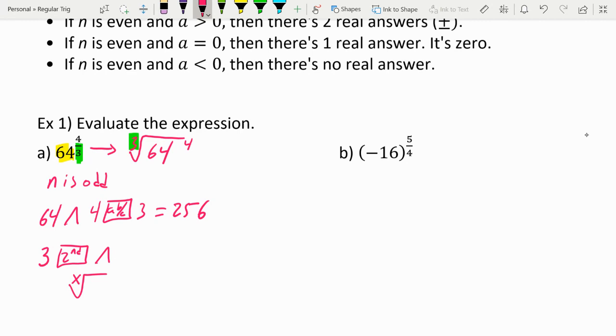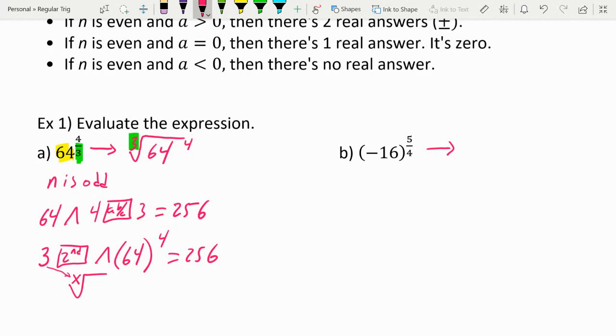What the calculator is doing is reading the index as 3. Then you type in 64, probably in parentheses, to the 4th power, and it should give you 256. I don't care which way you do it. Just make sure you know how to get the answer. That's why I'm showing you how to do it both ways.